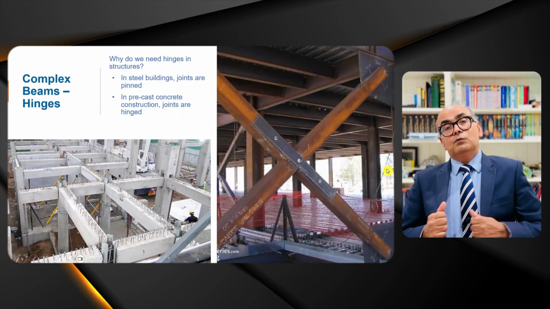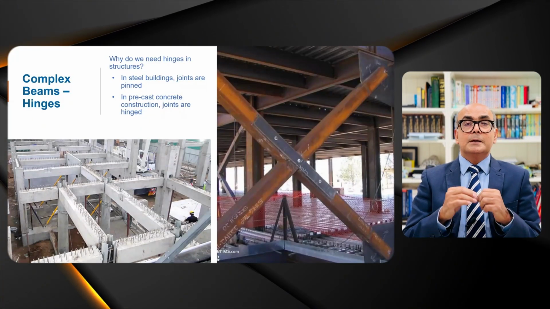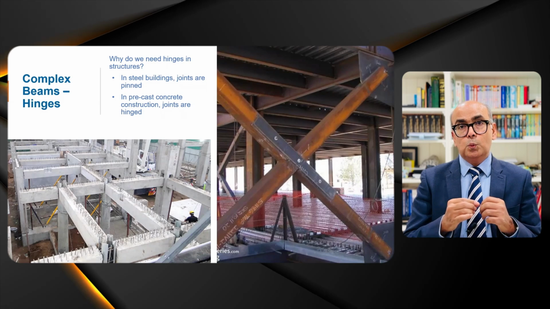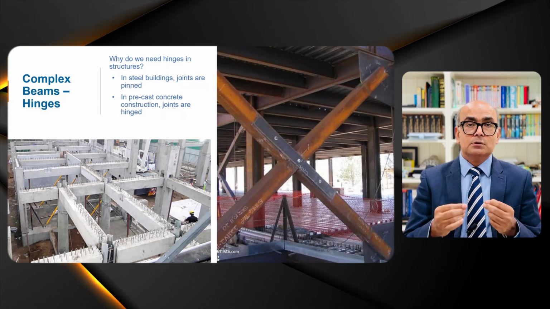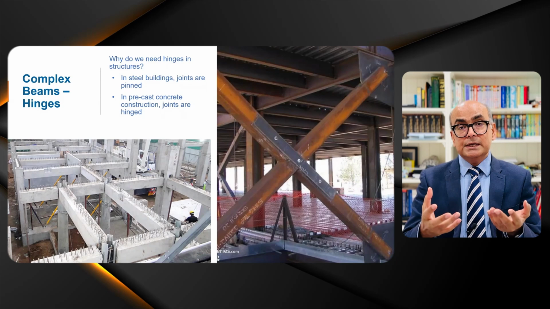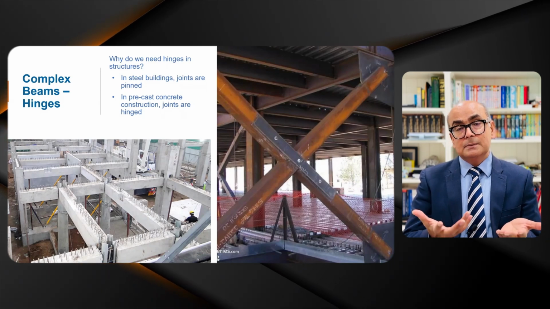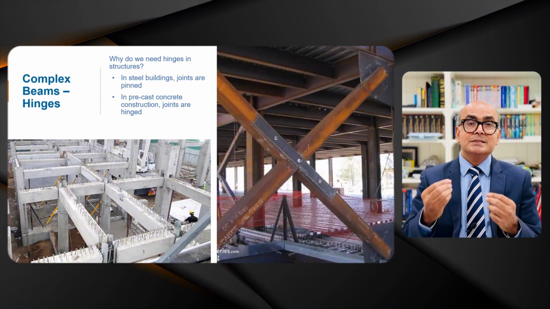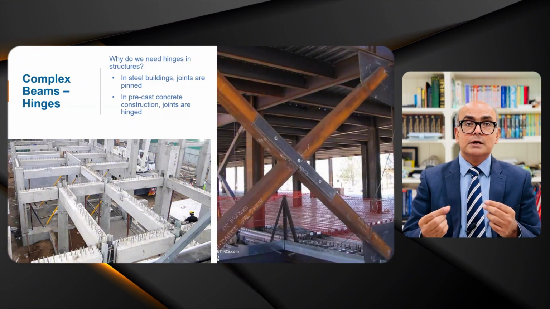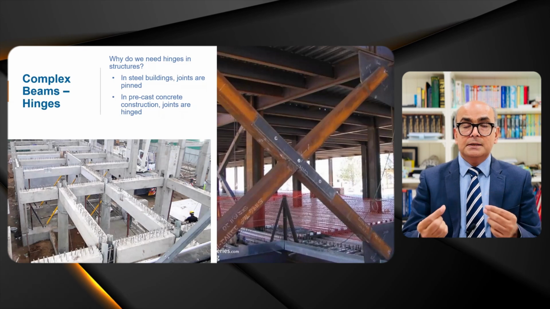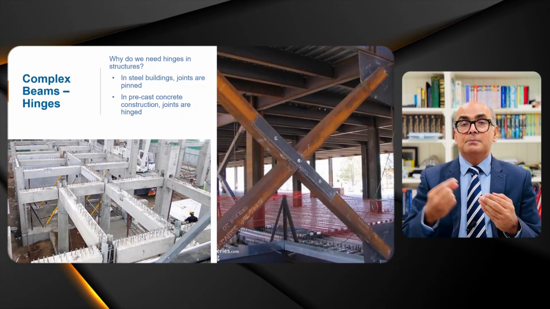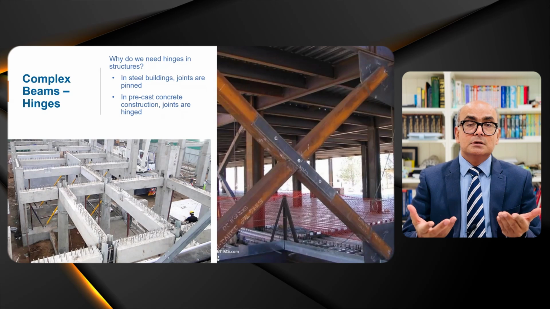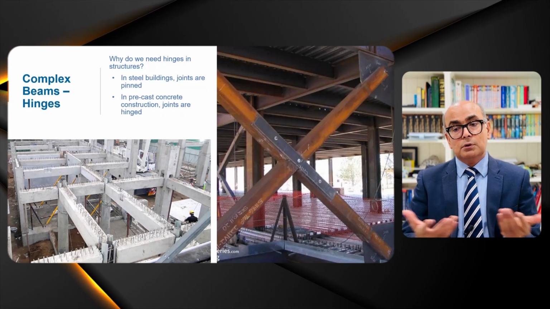Then I will move to the third point, which is pins or hinges. Why do we need hinges or pins? Mostly in steel buildings, we need pins or hinges in two cases. One, in steel structures, most of the time joints are pinned and we need bracing to resist lateral loading, or wind loading or earthquake loading.